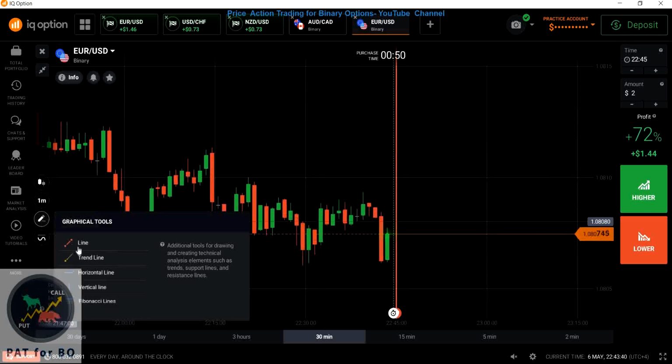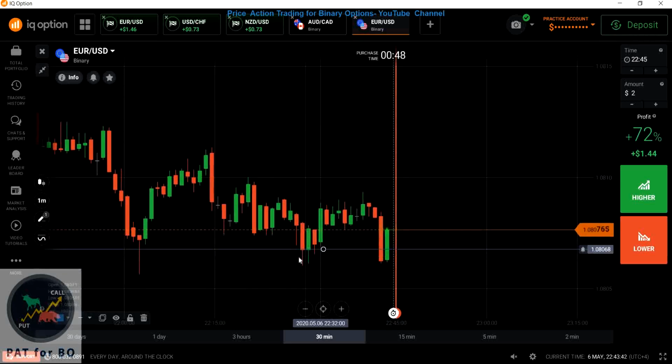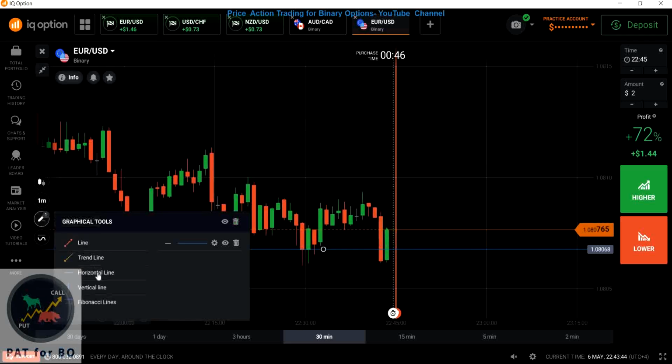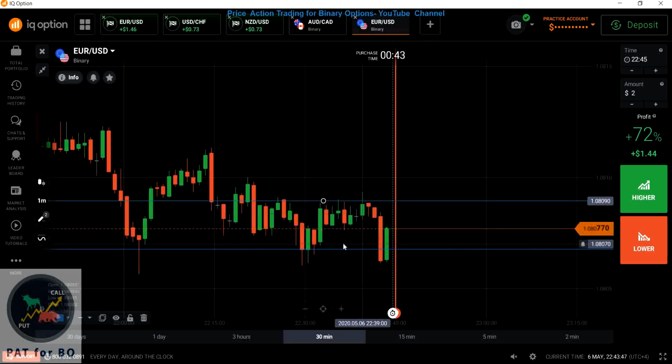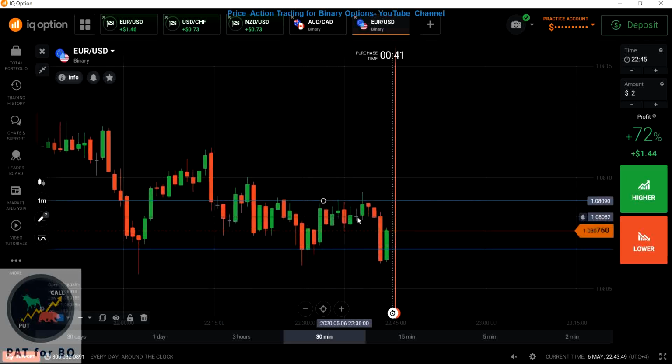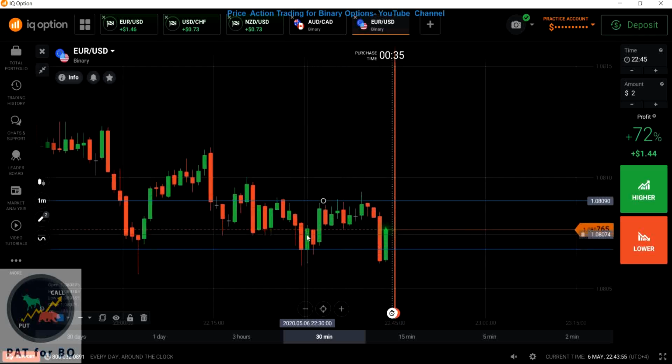And you can also measure some points like this. Now this is nothing but a doji in how many minutes? 1, 2, 3, 4, 5, 6, 7, 8, 9, 10, 11, 12 minutes candle. If you see, this is nothing but a doji. So price has gone nowhere in 12 minutes.